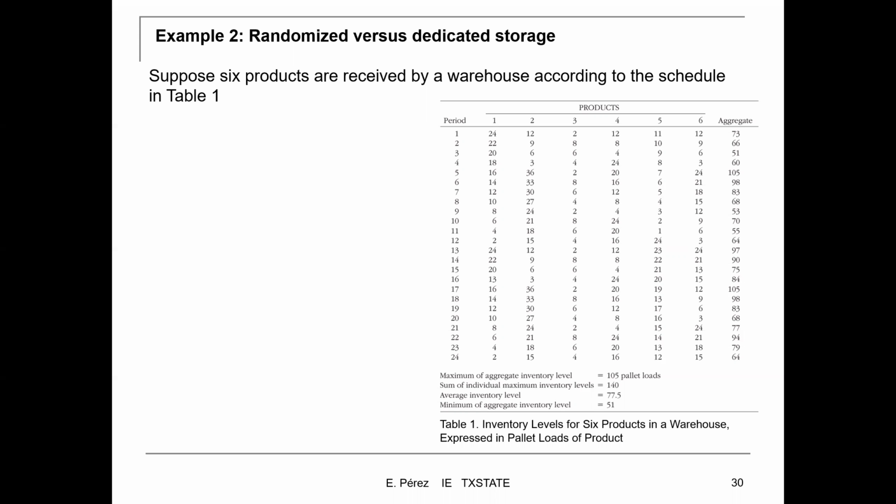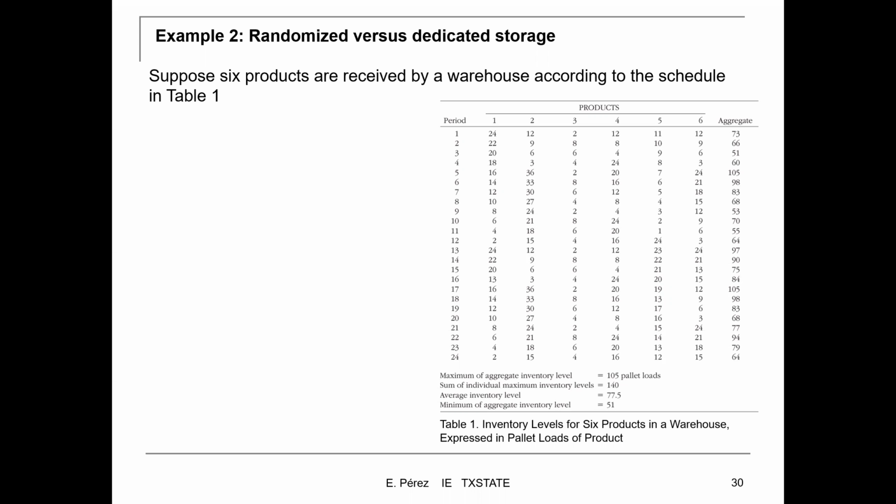So for a manufacturing firm, we were determining the reorder point, the maximum quantity to be stored, and the average quantity to be stored. So in this second example, we are focusing on illustrating the difference between how you plan for a randomized storage and the difference when you compare to a dedicated storage.